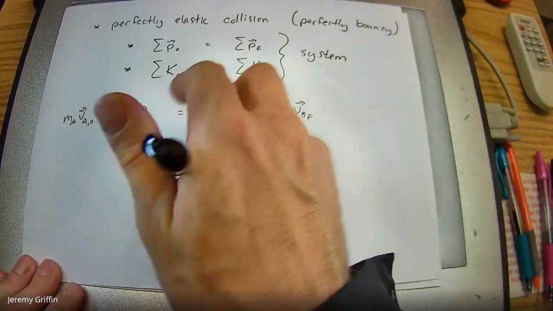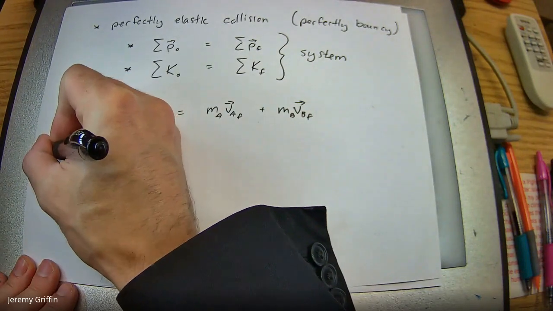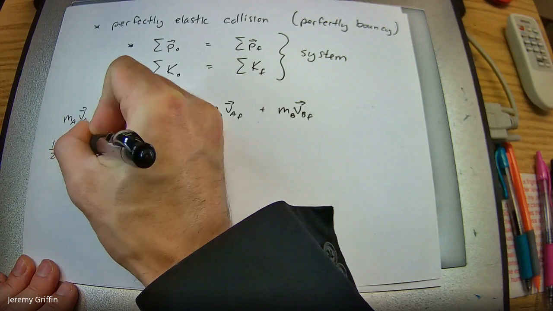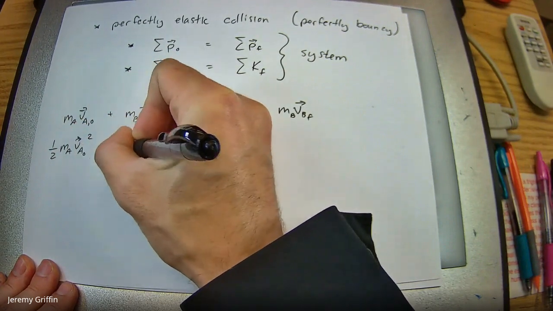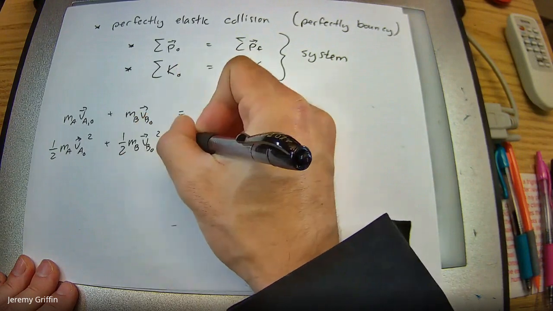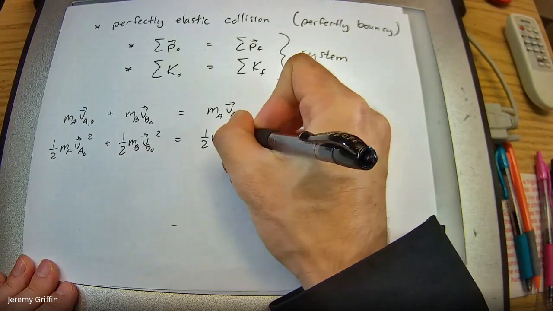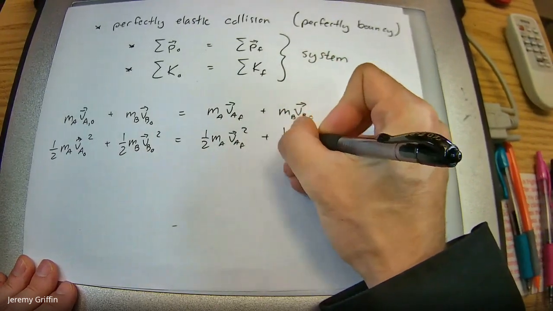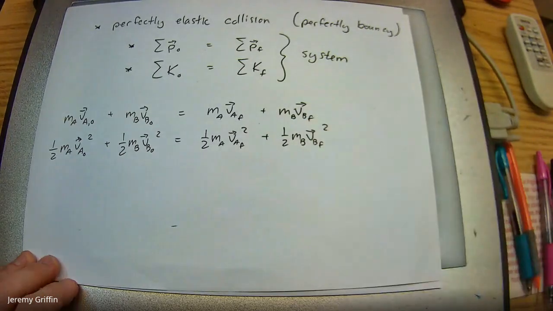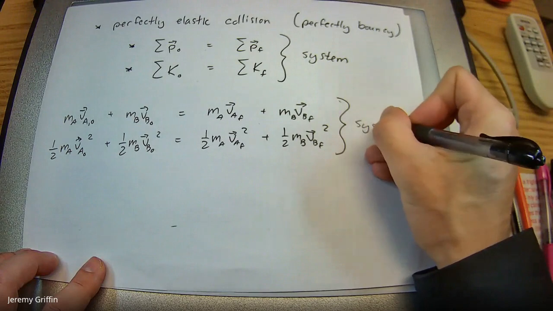Then if you do that for kinetic energy, that's just one type of energy: 1/2 m_A v_A initial squared plus 1/2 m_B v_B initial squared equals 1/2 m_A v_A final squared plus 1/2 m_B v_B final squared. So that's the same system, just expanded out.